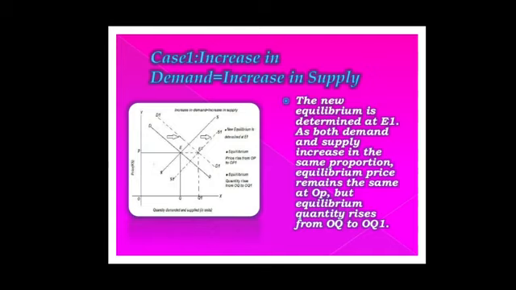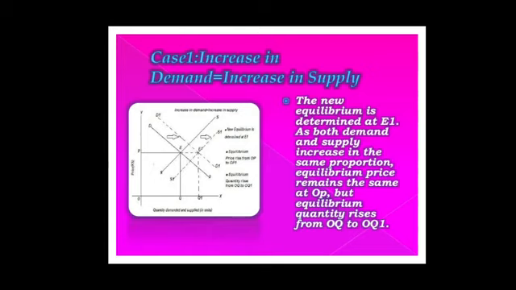Case first is when increase in demand is exactly equal to the increase in supply. Here in this figure, DD and SS are the original demand and supply curve. Both the curves intersect at point E. Thus, point E is the original equilibrium position.